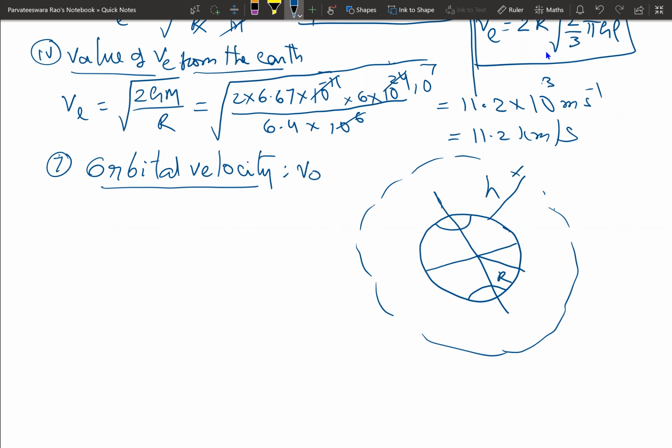Now a satellite is to be launched so that it has to move around the Earth with a specific velocity, falling under the influence of Earth's gravity. So that is called the orbital velocity, the minimum velocity that should be given to a body with which it revolves around the Earth in a specific orbit. Please write the definition.